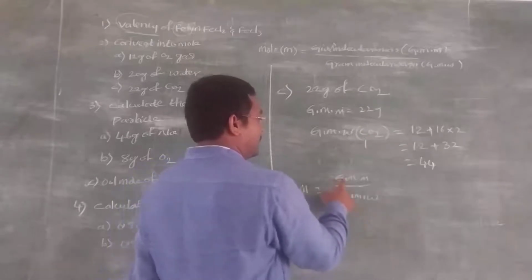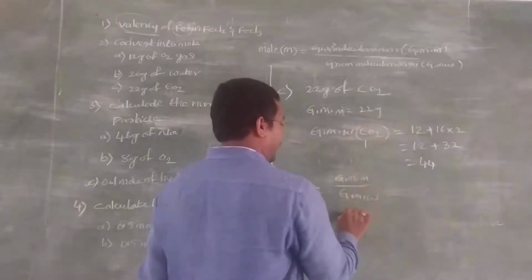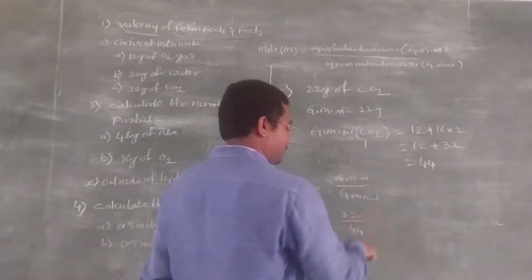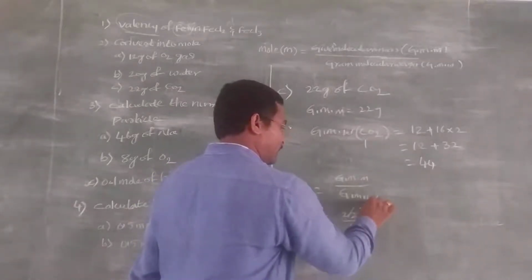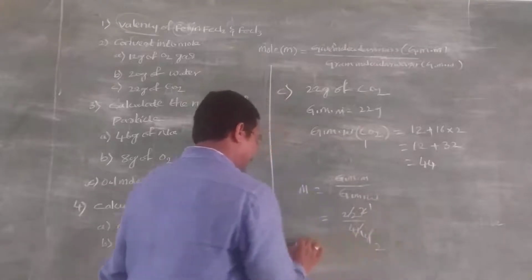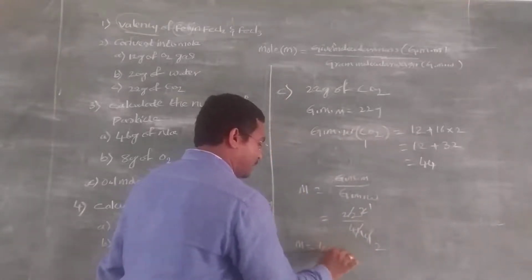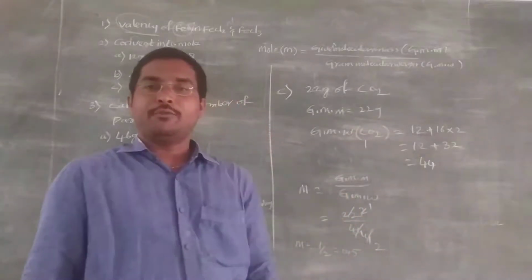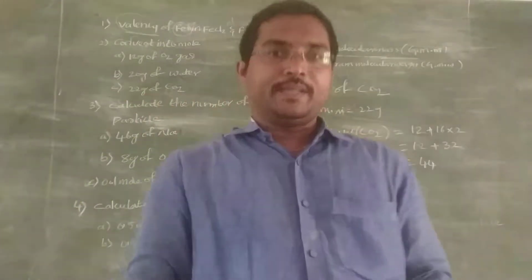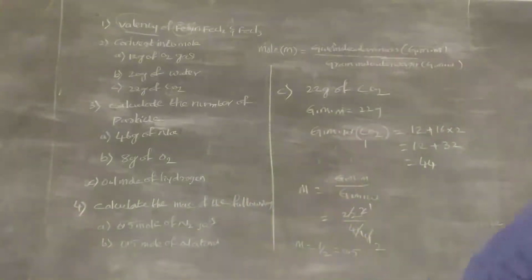And here 22 by 44. So 2 1 2, 2 2 4. So M is equal to 1 by 2. In 1 by 2, what you want to write is 0.5 moles.